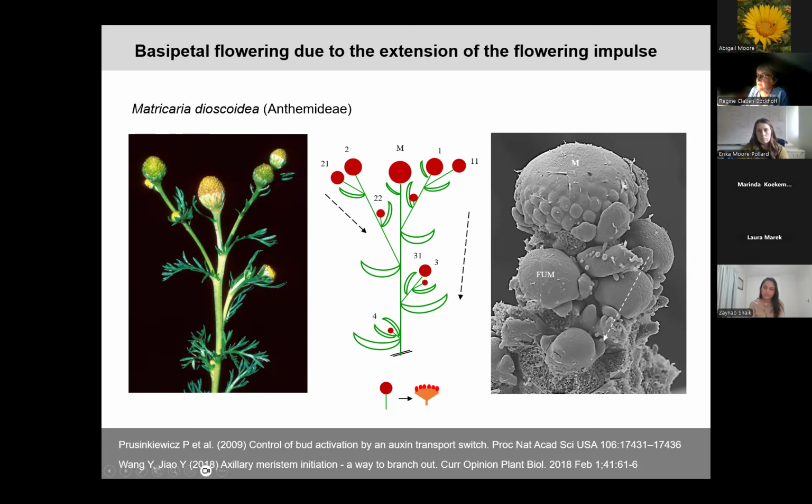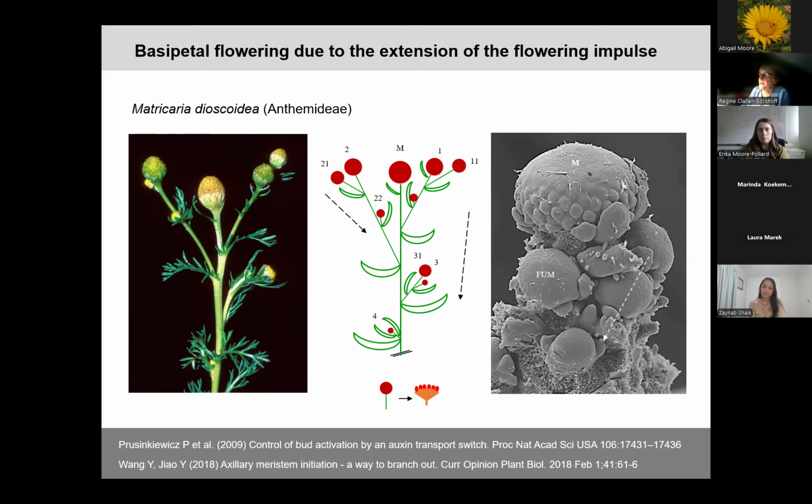The first step is that the pre-existing vegetative meristem is activated through decrease of apical dominance. And the second step is that this meristem transitions from the vegetative to the floral unit, to the reproductive stage.